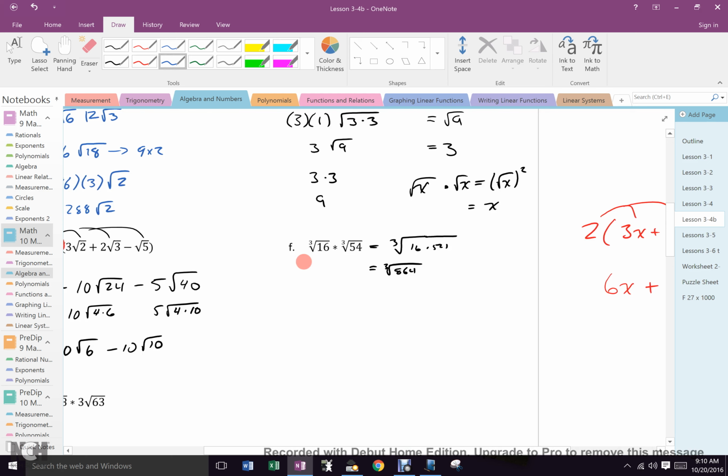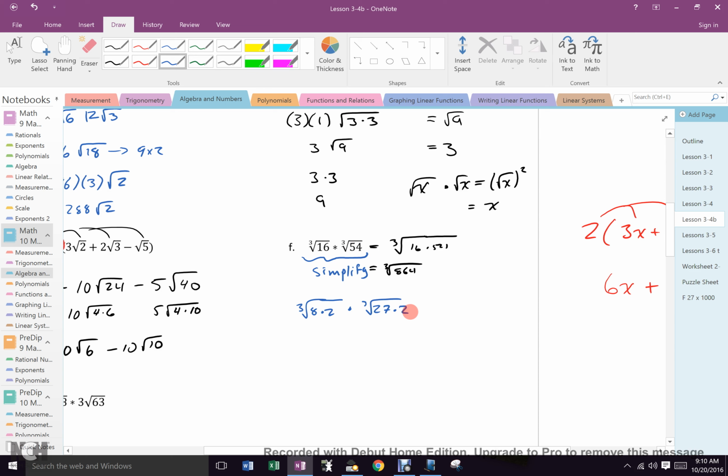Simplify. Isn't 16 the cube root of 8 times 2? It is, isn't it? And isn't 54 the cube root of 27 times 2?